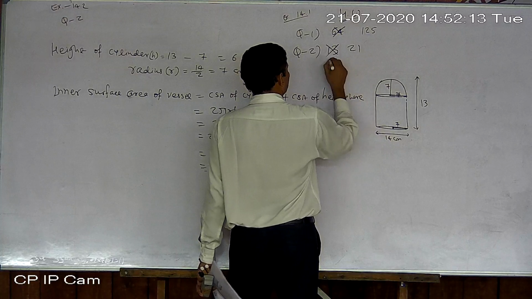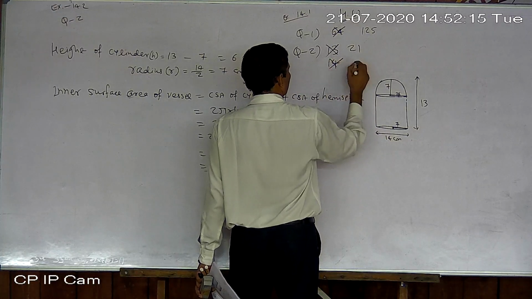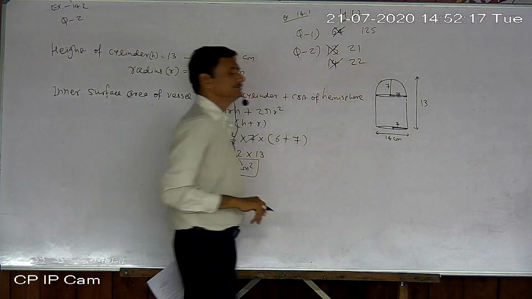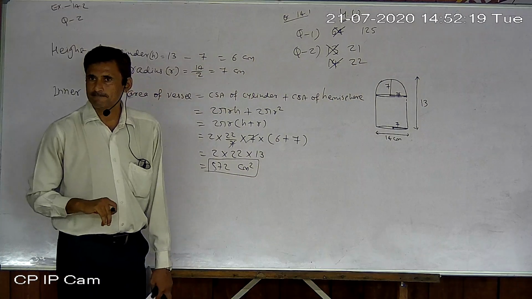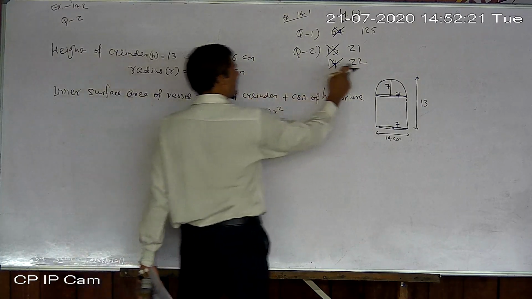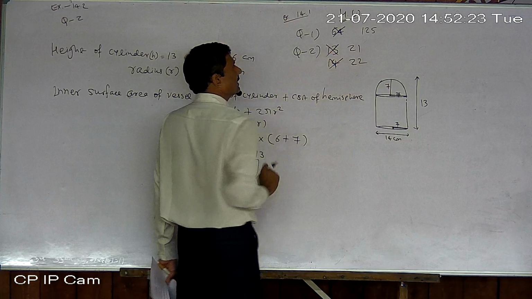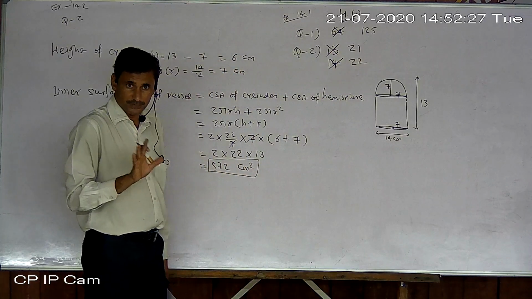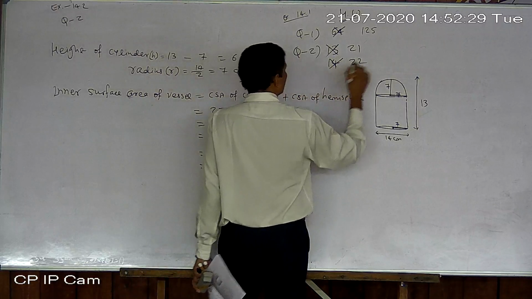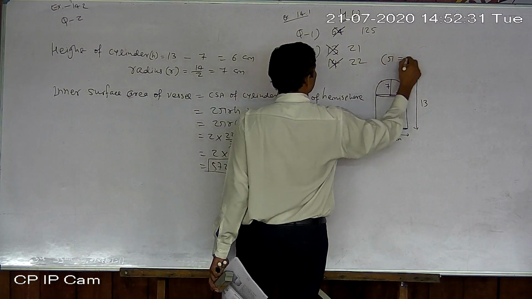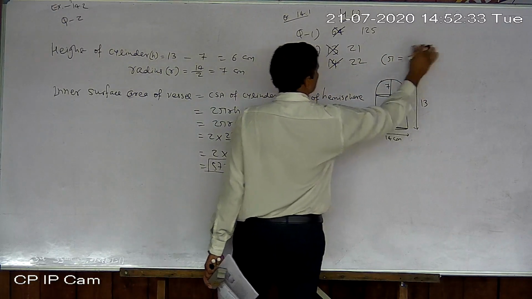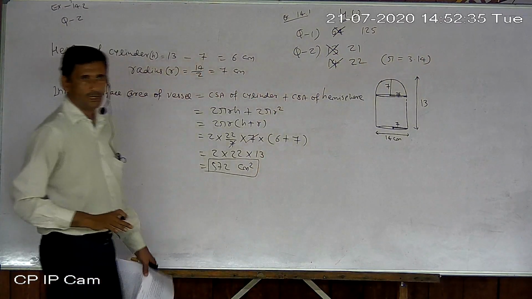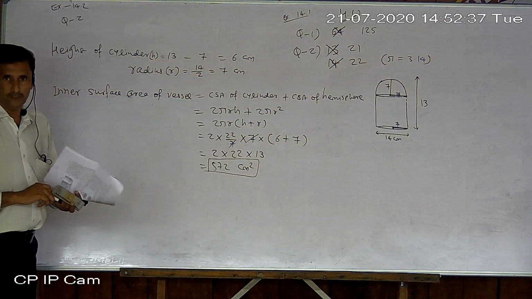And when 14 is given, write down 22. Okay, so diameter will be 22 and total height 21. Diameter is 22 and pi will be 3.14.